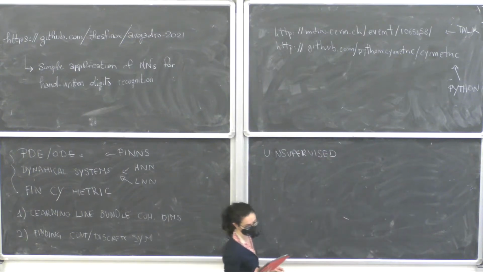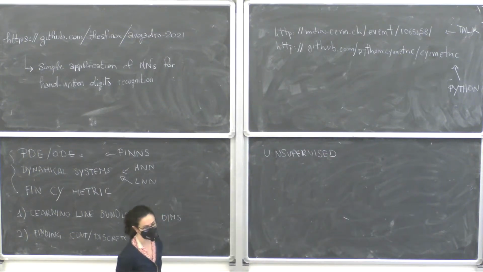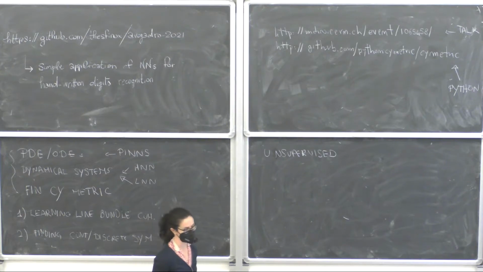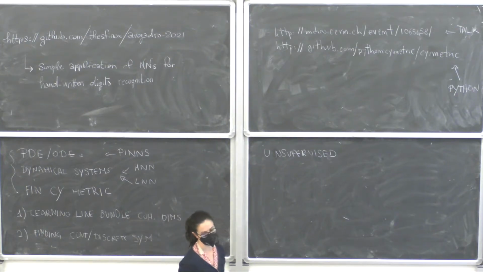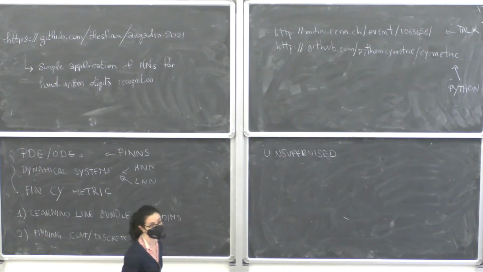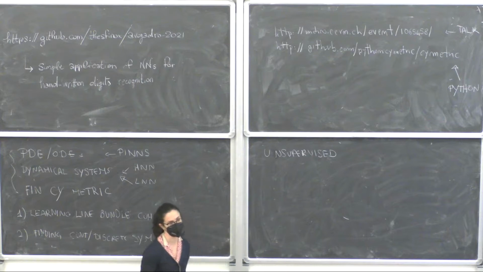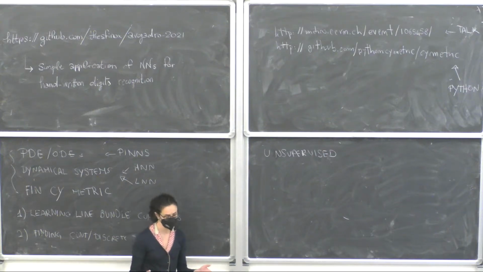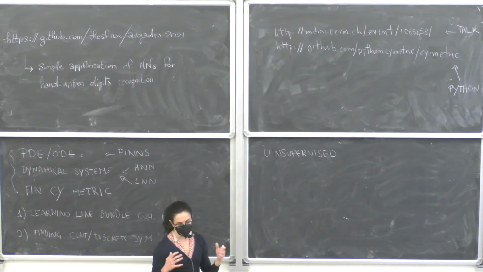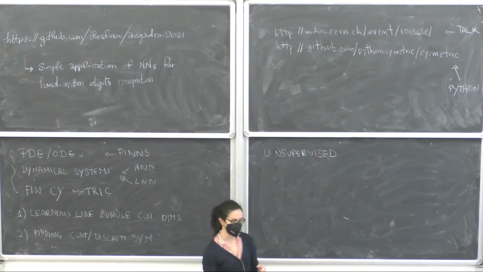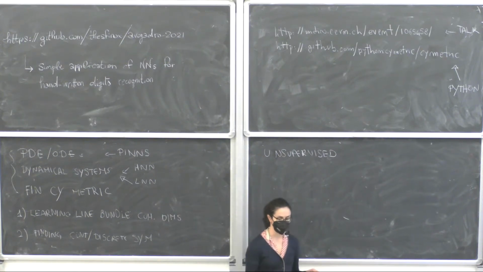And in general, as we will see, the unsupervised method is probably in physics the technique we are going to be more interested in, just because in general, how does it work? If you do supervised learning, this means you have a data set, and you want your network to learn something. So you actually need to train it on your data.